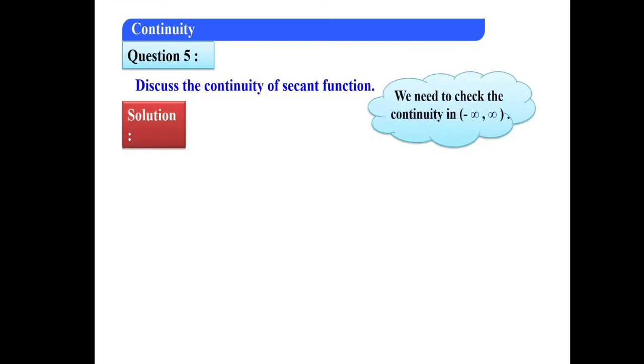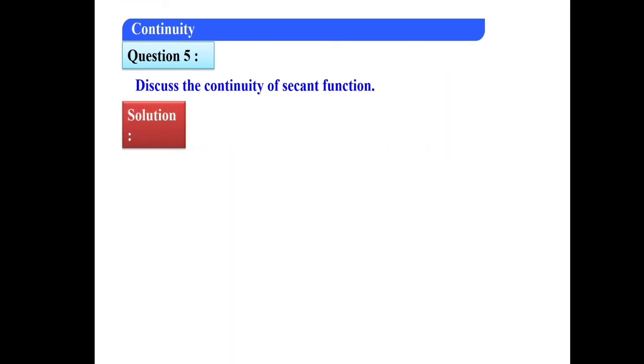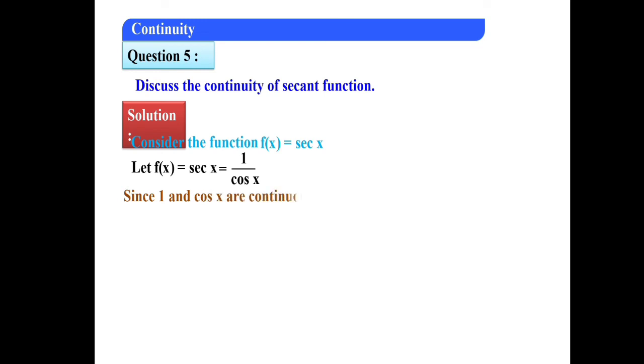So now the second function is written as 1 upon cos x, and 1 is a constant function.